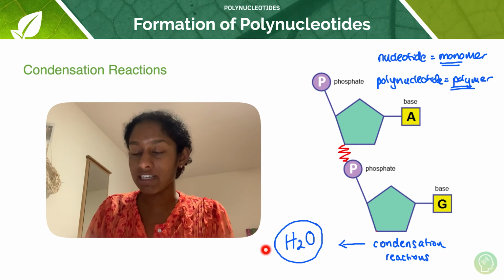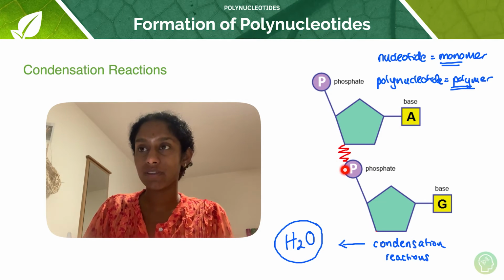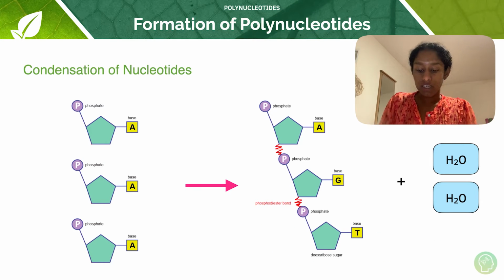And in that process, we're releasing a molecule of water for each new bond formed. So, multiple nucleotides, as you can see here, we've got 3, are bonded together to form a polynucleotide. And here we've got 2 new bonds forming between monomer 1 and monomer 2, and monomer 2 and monomer 3. So that's 2 bonds, which means that there's 2 molecules of water formed.